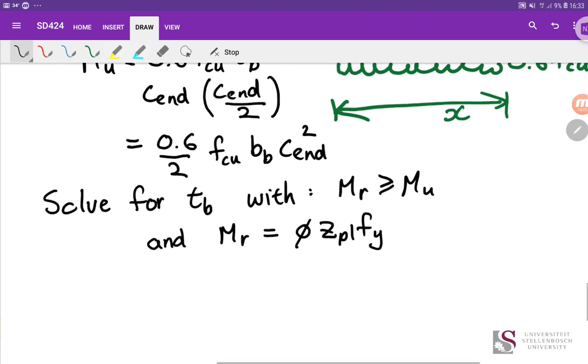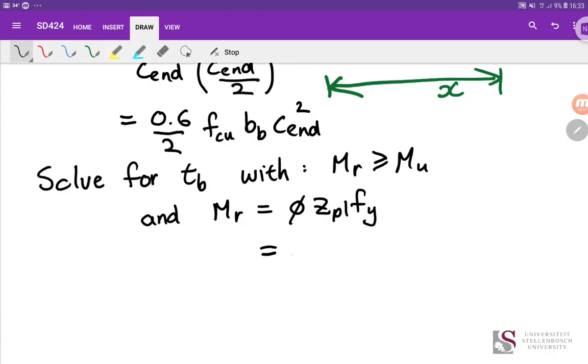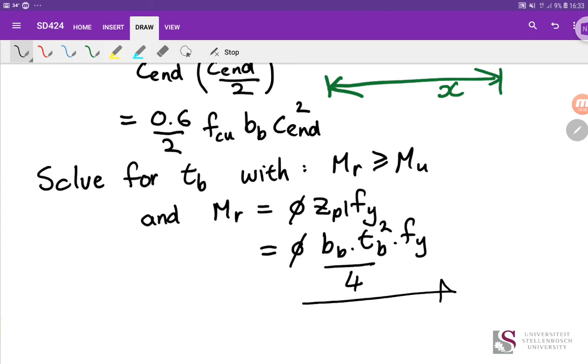And once again, this I discussed in the previous video looking at pinned columns, but it is the breadth times the thickness squared times yield strength, and this is our Zpl value over 4, and we will use that to calculate our moment of resistance.